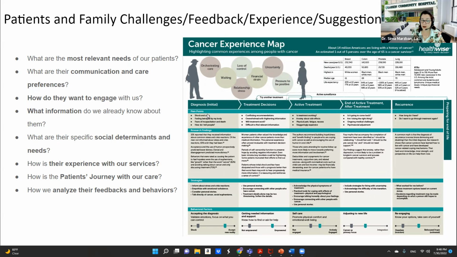How patients struggle and adapt to our care processes, pain points, research findings during different steps of the disease, strategies to cope with the disease, and behavioral factors are important. For example, the initial pain points of patients with a cancer diagnosis are shock and crisis, feeling upset, and fears.